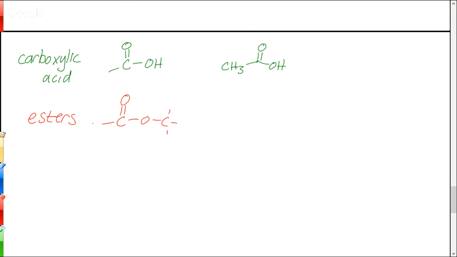A lot of plant odors and flavors are esters. This one is pentyl ethanoate, which is the banana flavor, banana smell.